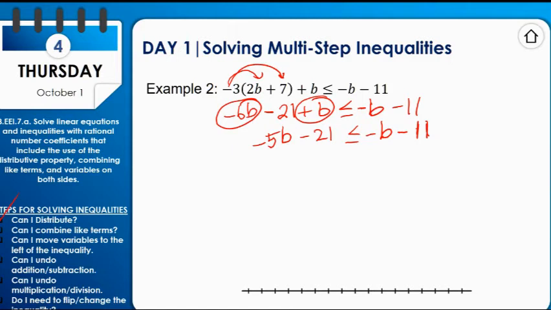So now I was able to distribute. I combined like terms. Can I move variables to the left of the inequality? I have a -b. In order to move a negative, I add b to both sides. -5 plus 1 is -4b.